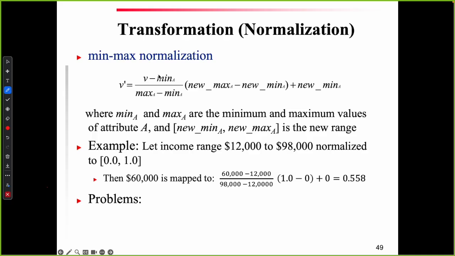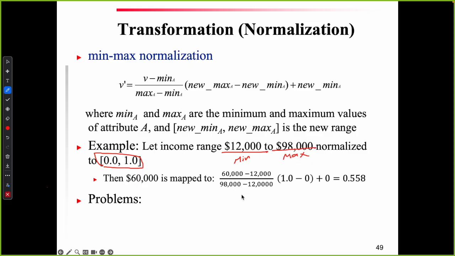You have to first find the minimum and maximum, then deduct the min from your v, which is your original value, divided by max minus min, and then multiply by the new max minus new min, plus your new min. Now, let's say you have income ranging from $12,000 to $98,000, and you want to normalize, let's say, 60,000 to this range, 0 to 1. So this is your min, and this is your max.